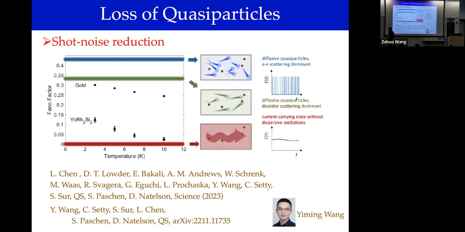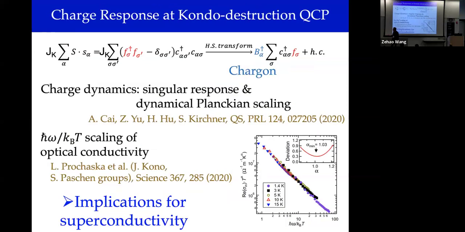So one can rule out that Fermi liquid parameters are responsible, and with various experimental checks, so far the only explanation that could be consistent with the data is a loss of quasi-particles. It's very hard to really test that quasi-particles have been destroyed, but this is the most direct evidence that exists so far.